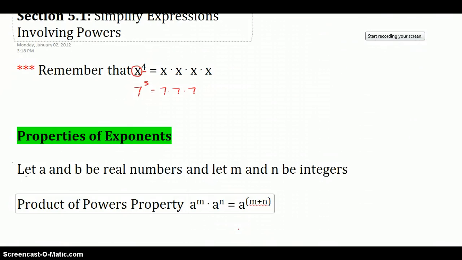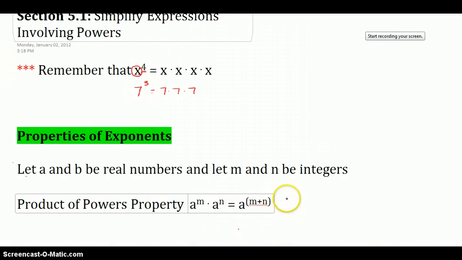So let's look at our first property, the product of powers property, which just says that you're taking a real number to an integer times another real number to an integer, hence the name product of the powers property. So let's use some real numbers here.